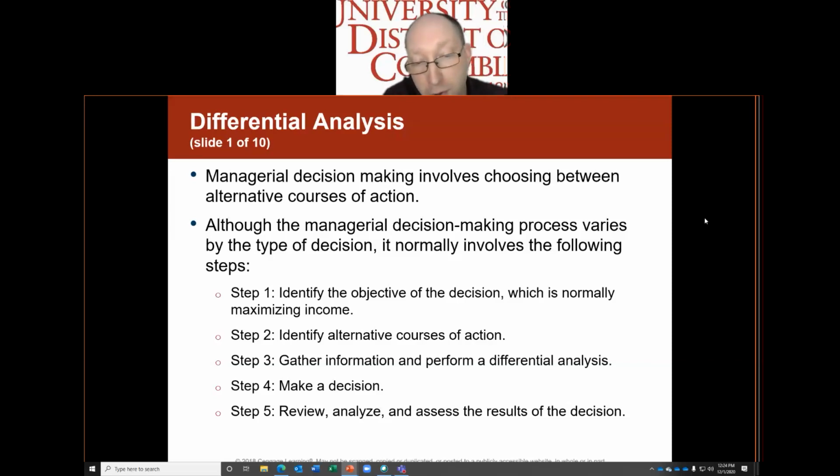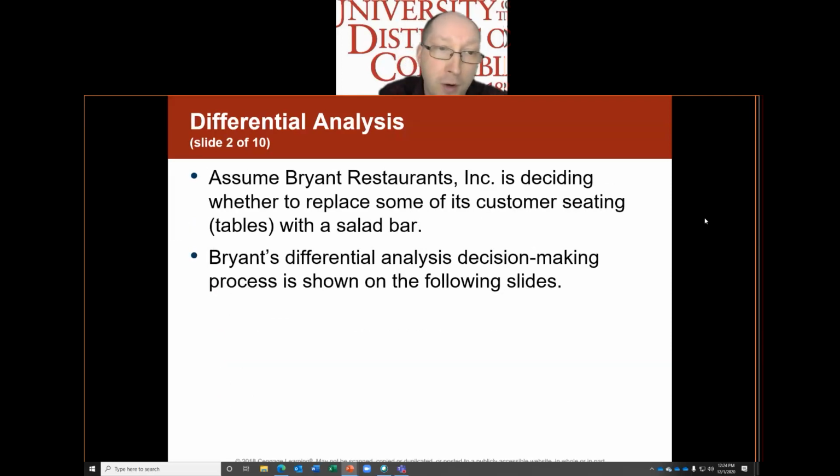Which one of those alternatives are you going to do? And step five, and we do this with every decision in management. We look at the decision we made, we review it, we analyze, and then we assess the results of that decision. Did we make the right decision? Do we need to go back and make another decision based off of that decision, using what we call incremental analysis? We'll talk about incremental analysis soon.